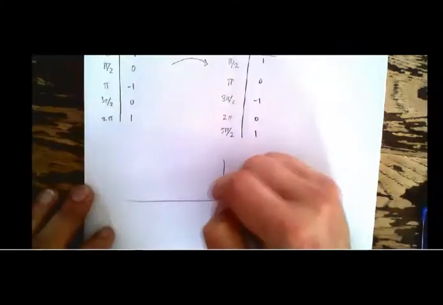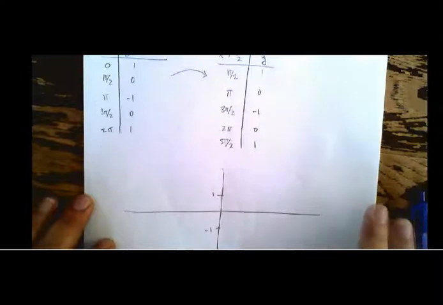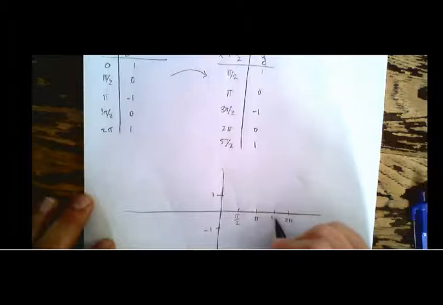Okay. Looks like we're only going between -1 and 1. And this time we got to start a little further to the right. So we'll still put our 2 pi up here, pi over 2, 3 pi over 2.